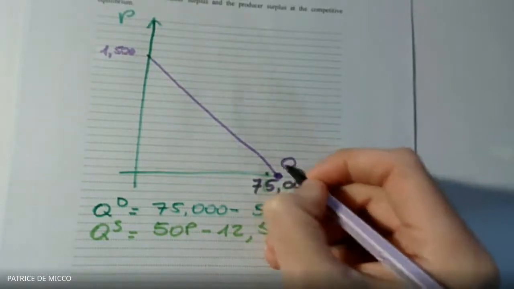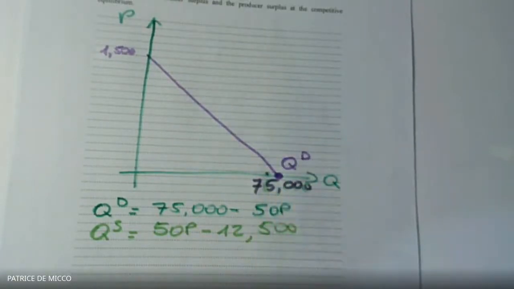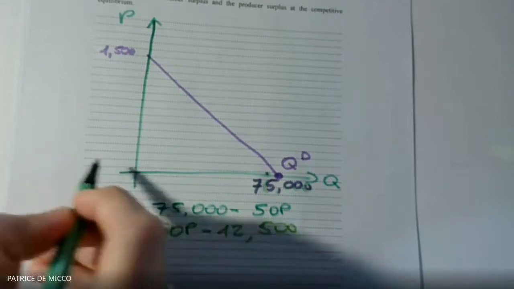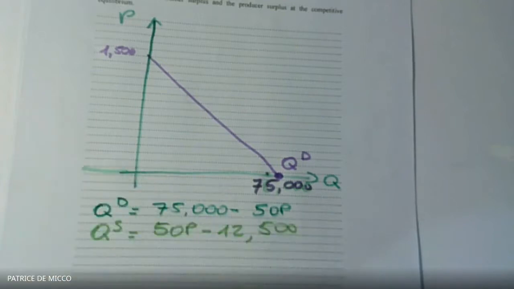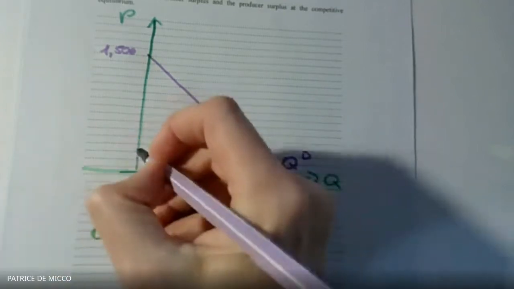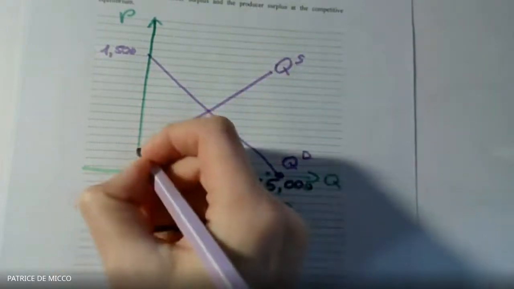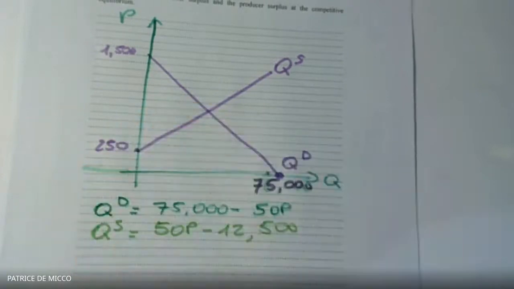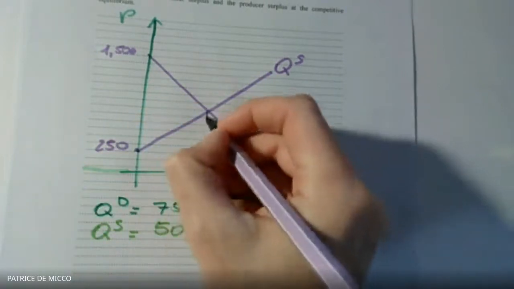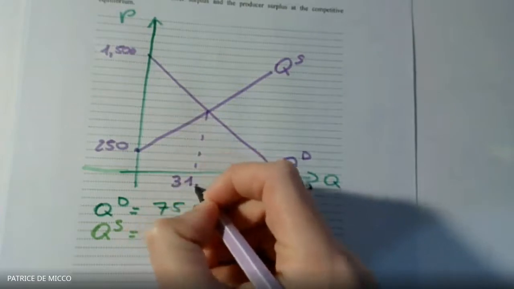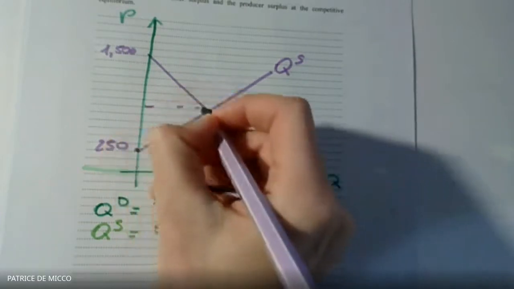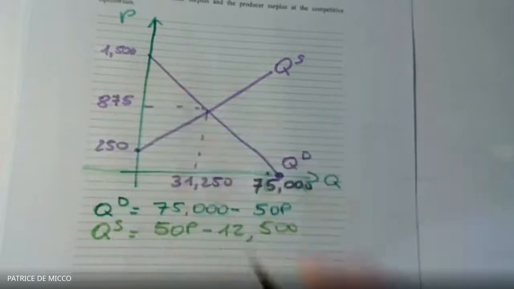Okay, so this would be basically the demand. I write here QD. Now QS. QS is equal to 50p minus 12,500. Okay, so here the horizontal intercept would be negative, so we don't really represent it. We let the line start from here. For example, this is QS. This value here, if you compute it, is 250. And now we have here the equilibrium quantity, 31,250, and here the equilibrium price, 875.